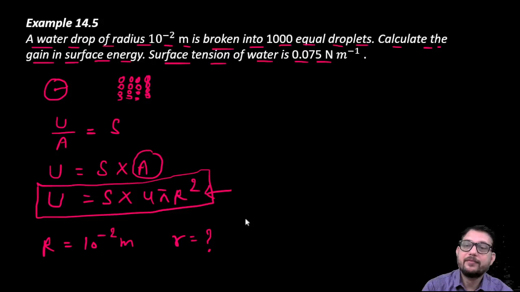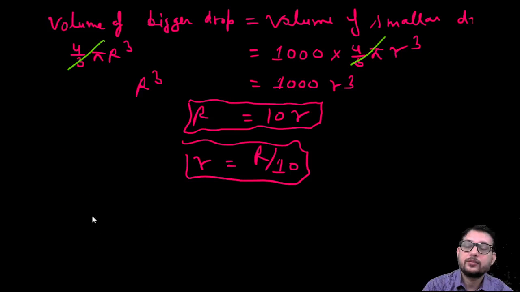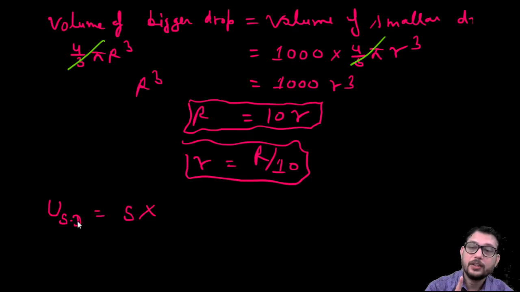Now, by using the same formula, this formula U, if we write it again, then capital U for small droplets is capital S into 4 pi small r square. This is for one drop only, so that's why I have written one drop here.